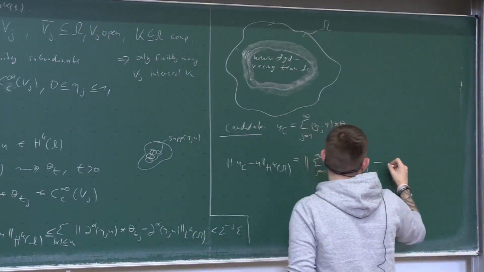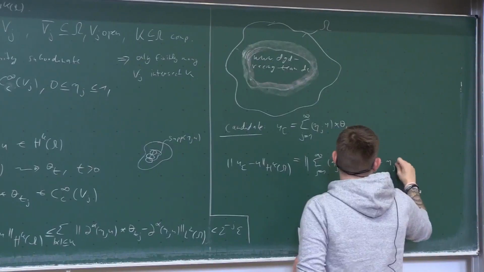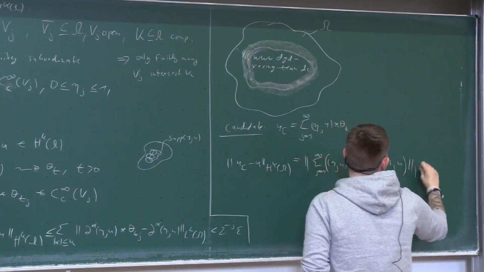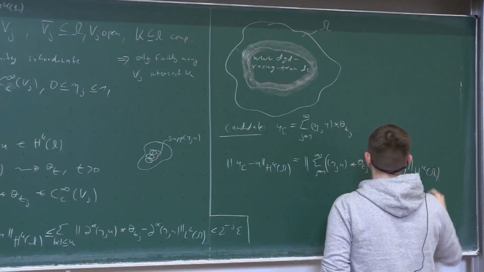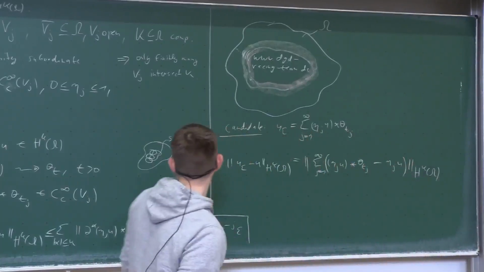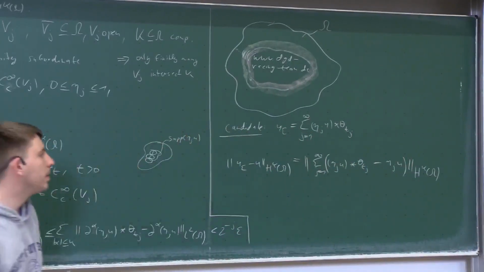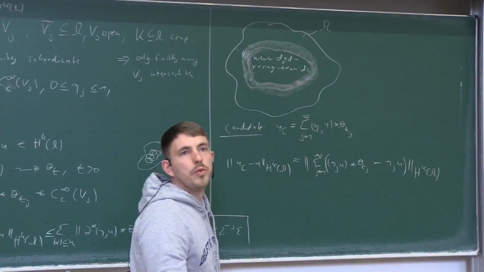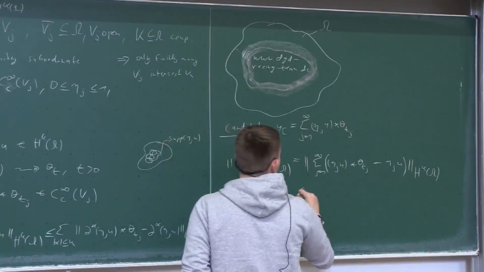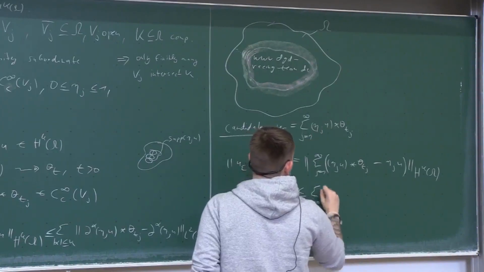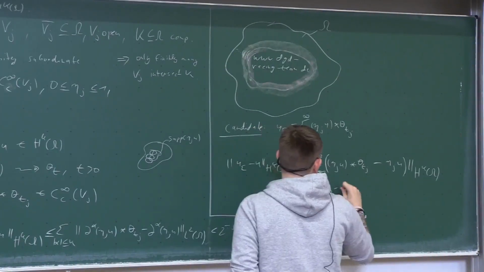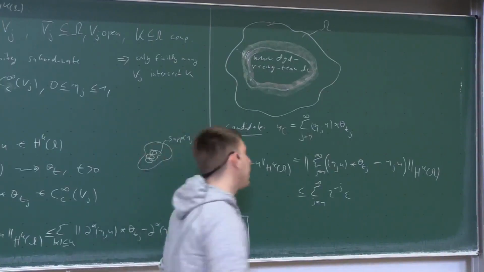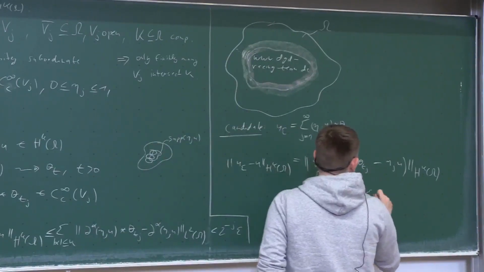So I can write here minus eta_j u, in H^k(omega). Then I use this estimate here, gives me that this whole expression is less than 2^(-j) epsilon. And I just calculate this geometric sum, gives me epsilon.